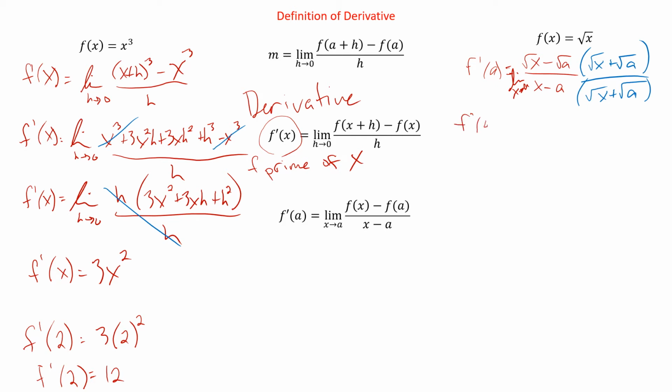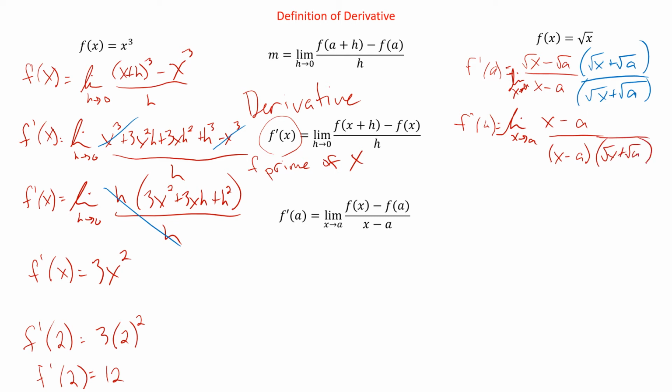F prime of a equals limit as x goes to a. When we multiply the numerator, root x times root x is x. Then we'll get a plus root ax minus root ax, cancels out, minus root a times root a is a, over, do not multiply out that denominator, x minus a times root x plus root a.